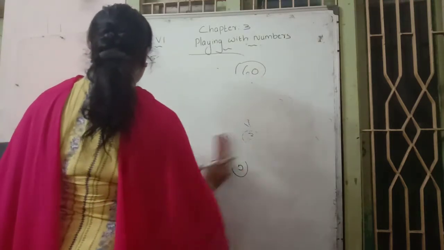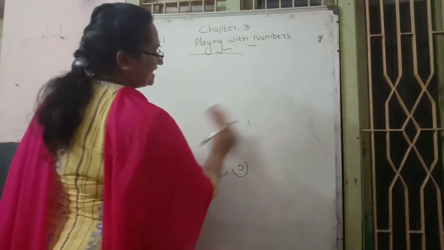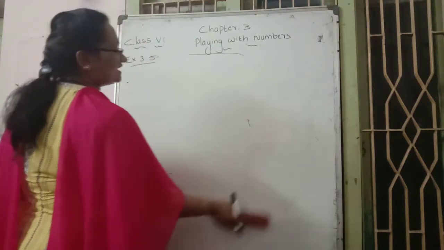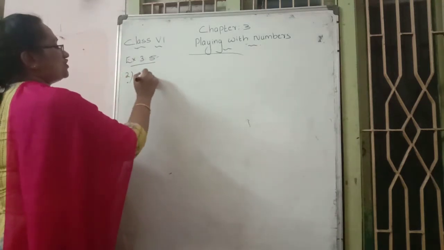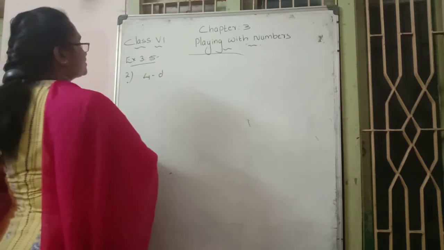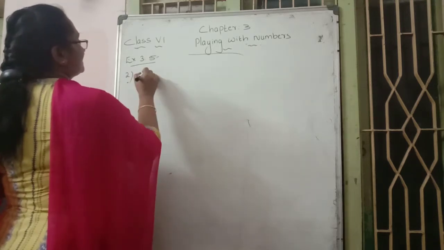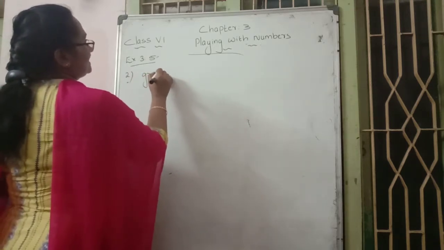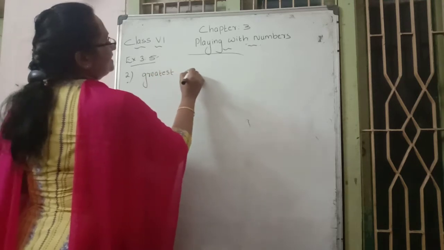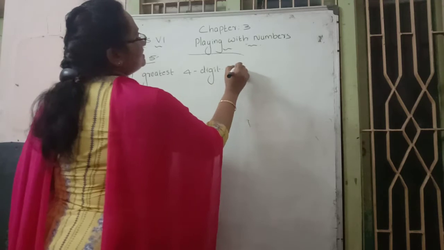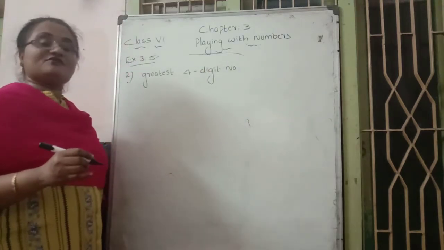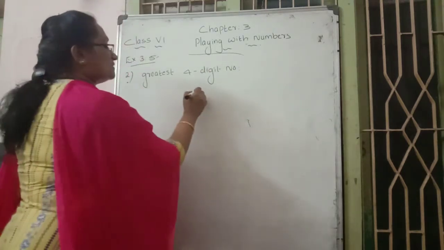Next, they ask us to write the greatest 4-digit number and its prime factorization. Which is the greatest 4-digit number? Writing 9 four times, we get the greatest 4-digit number.